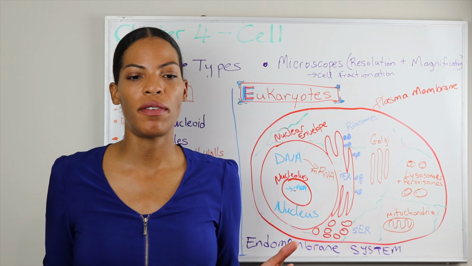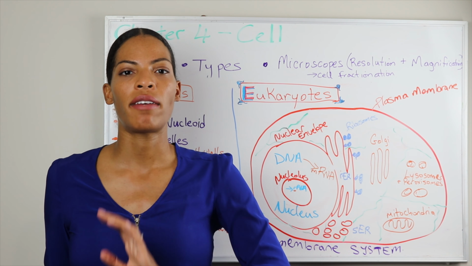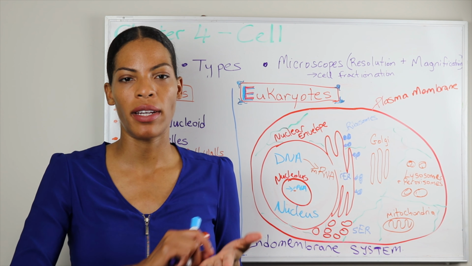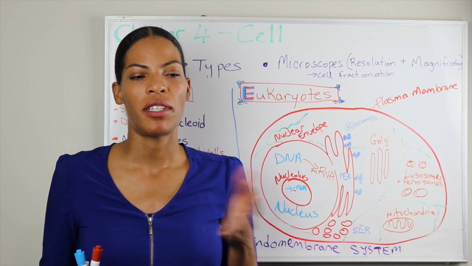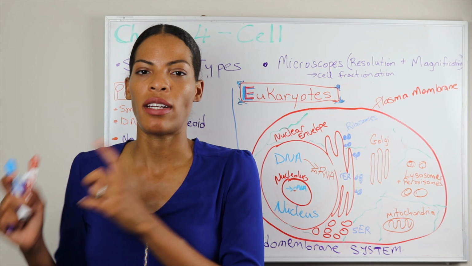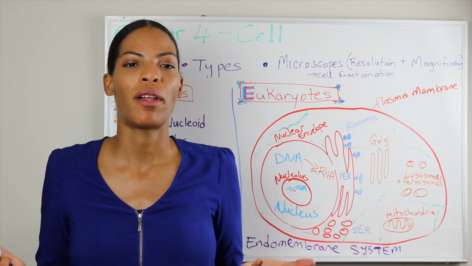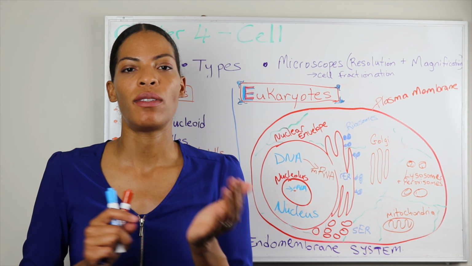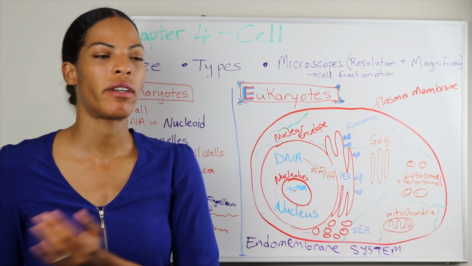But if you want to use some of that information, you're not going to write down everything in the entire library. No, you're going to take a book and maybe write down a couple of things, or take a copy of something with a machine or with your phone, take a picture, and then you're going to leave with that information. That information you leave with is like an RNA molecule. You take a copy of the DNA and then you take that information out of the nucleus to use it somewhere else.